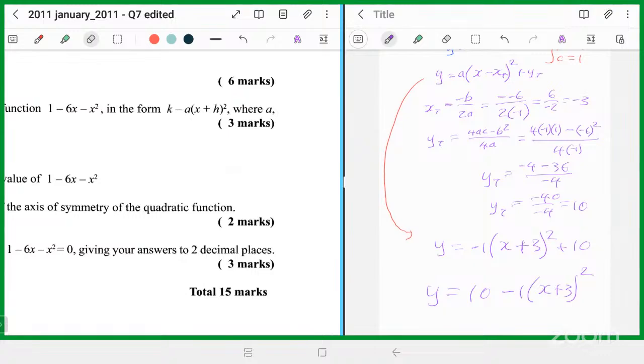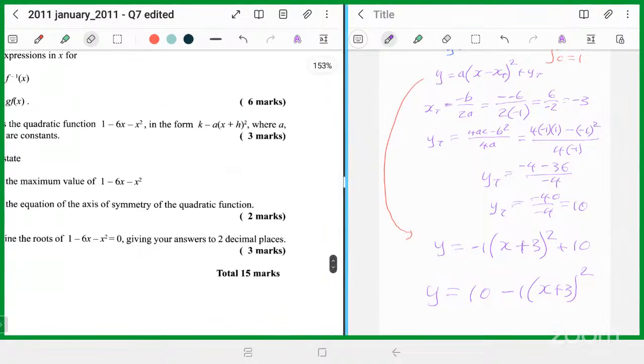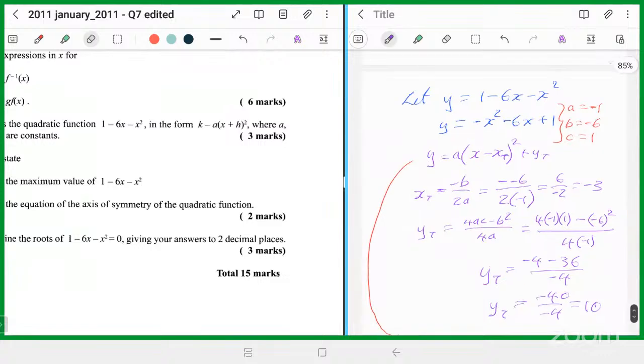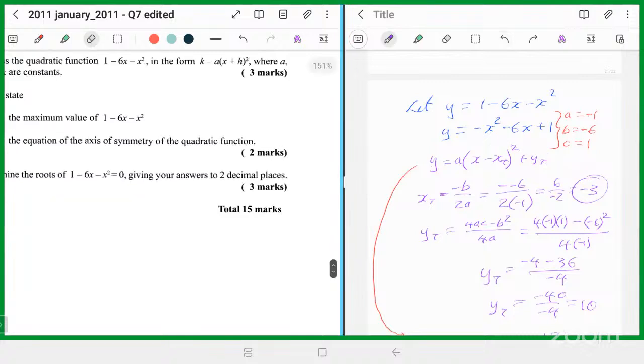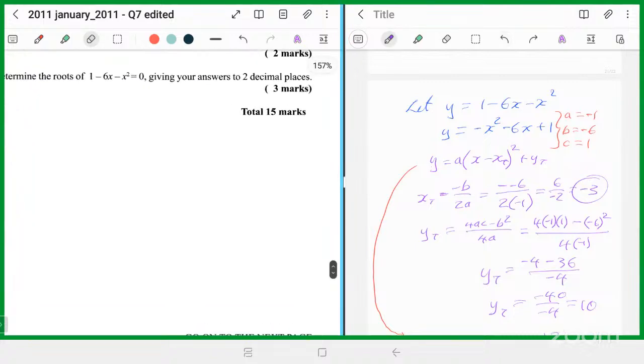All right. Remember, I could have found the yt as well by putting the -3 in the function right there. Supposed to get 10 the same way. Let's do it over here. So we have y equals -x squared minus 6 times x plus 1. We put in the -3 in it, right?